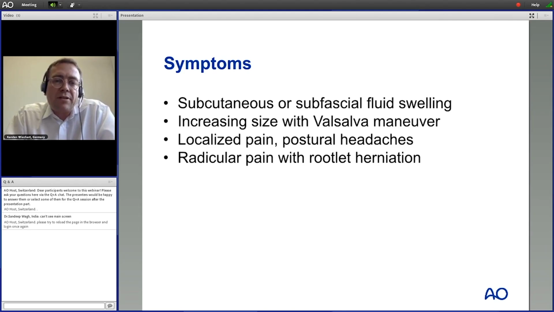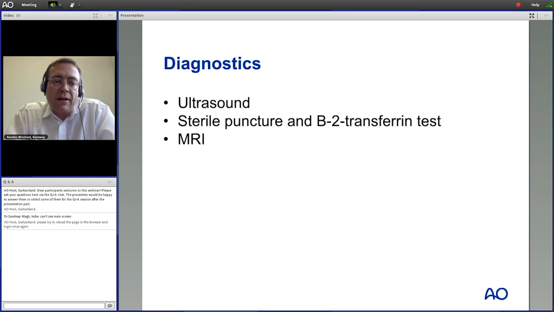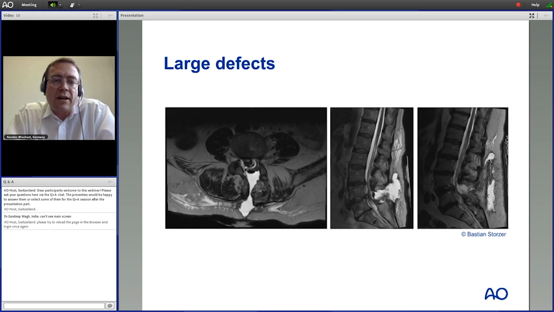Patients do have a subcutaneous or subfascial fluid swelling that might increase with the Valsalva maneuver. I have actually only seen those two clinical symptoms a few times, but I have seen a lot of patients who have localized pain, or some even with postural headaches. Some have radicular pain. Usual diagnostics here, and the MRI can be quite impressive.